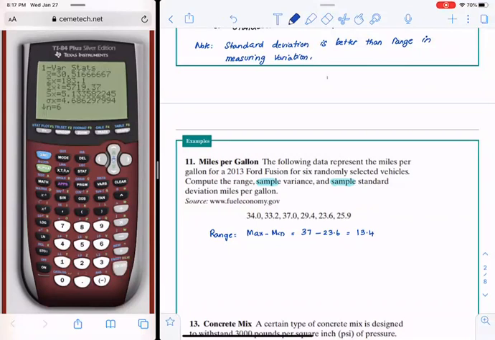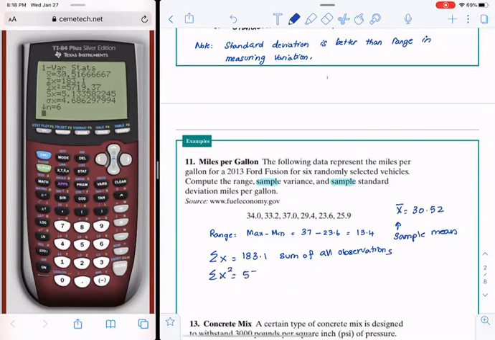The calculator gives a whole lot of information. Of course, the first one is the mean, and that is 30.52. The second line that you see is the sum of all observations. The third line is the sum of all squared observations.